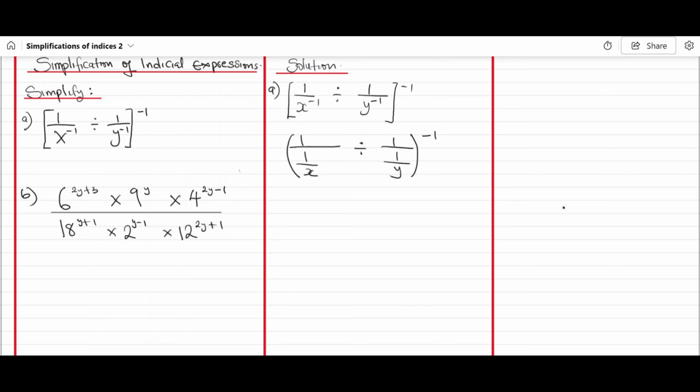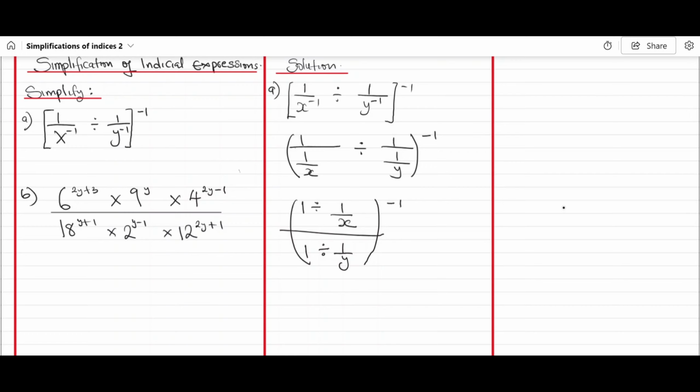So now I can write that 1 divided by 1 divided by x, divided by 1 divided by 1 divided by y, everything enclosed in a bracket all the way to the power negative 1.